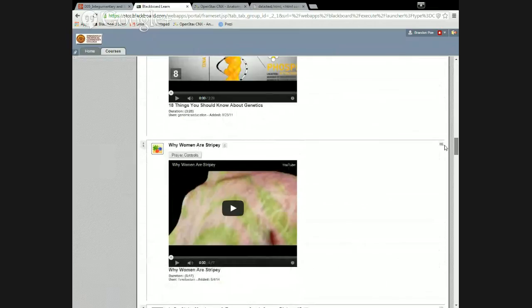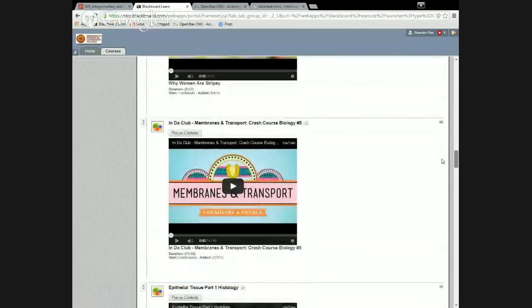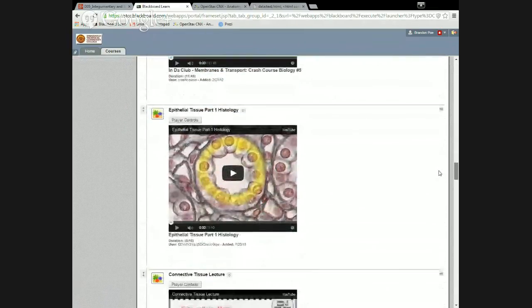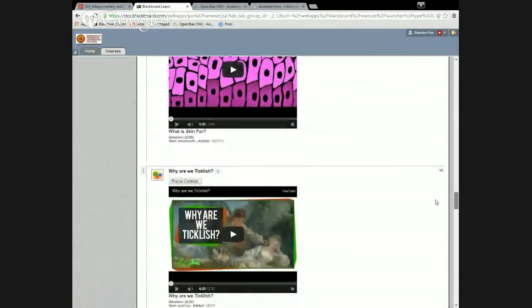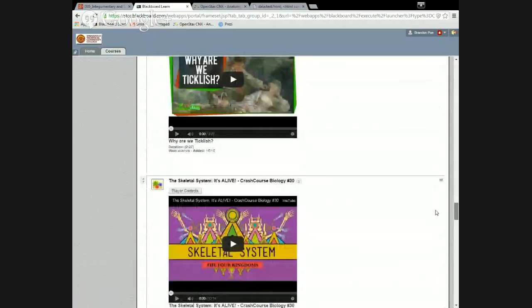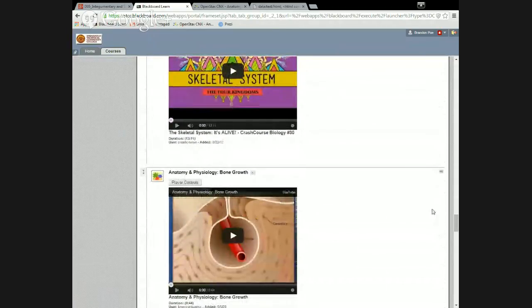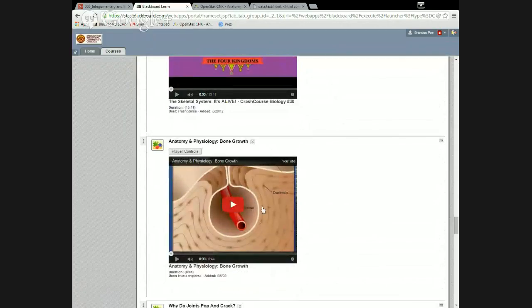Okay, I have the cell in the wrong place. But then we get into tissues. Oh, there's cells. Cells, tissues, skin, more skin, skeletal system. And then after that broad skeletal system one, there's another one that has to do with this kind of growth. This, though it doesn't actually say it anywhere in the picture, is showing us appositional bone growth. It's only 45 seconds long. Let me just play it real quick.